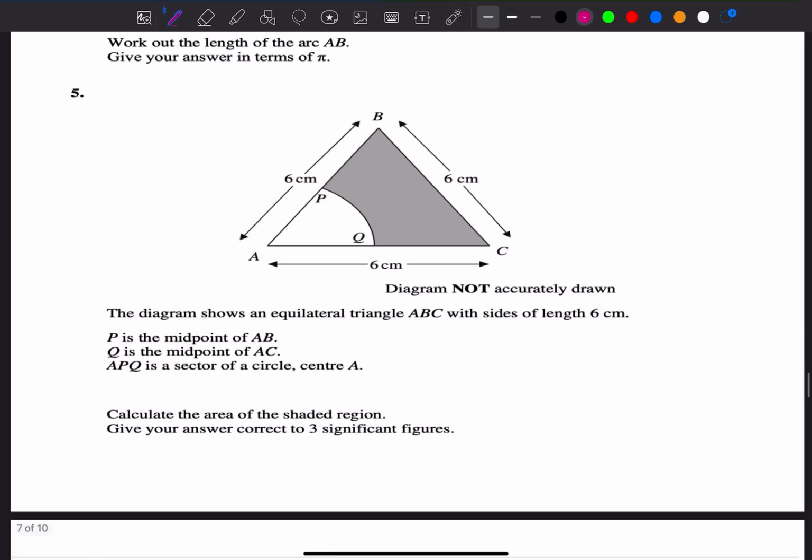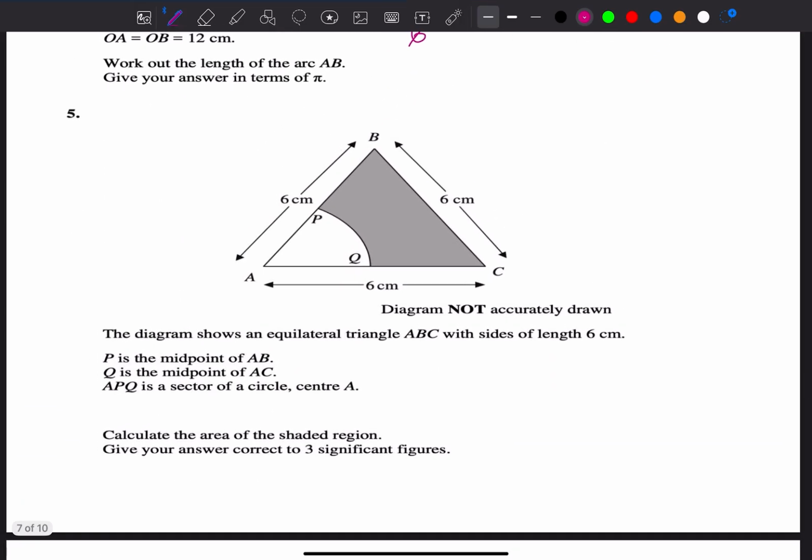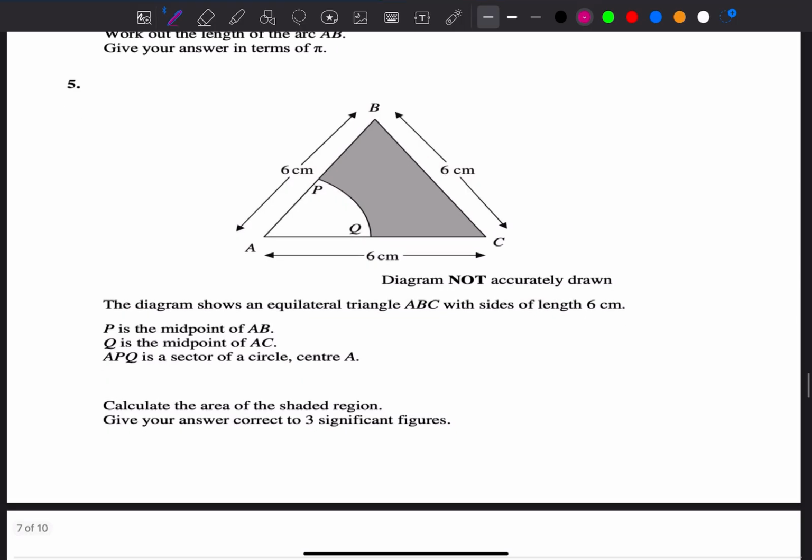P is the midpoint, and they want the area of the shaded. So this is for the Year 9s and above, because you're the ones who can do the cosine rule. I want this angle, because it's part of the sector.